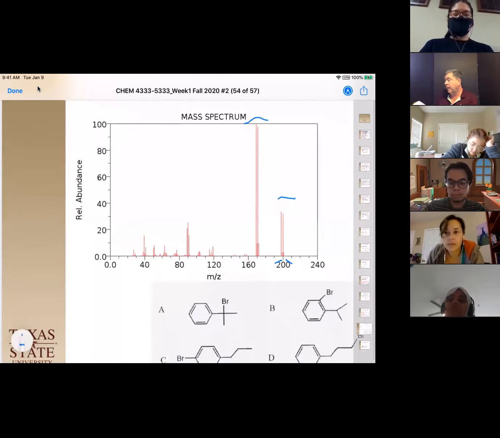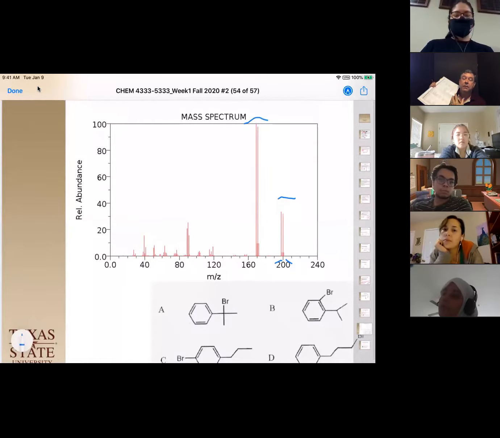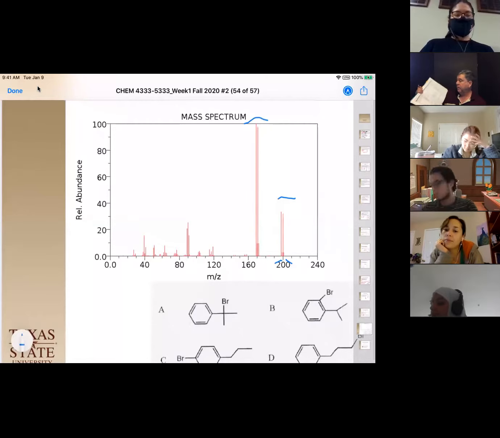So one of the things we're going to look at a lot is this Appendix B in our book here. Because our Appendix B is where we're going to look for our different fragments and look for different things that we have. Okay, and if we look at iodine, it should give us a 127 peak here.